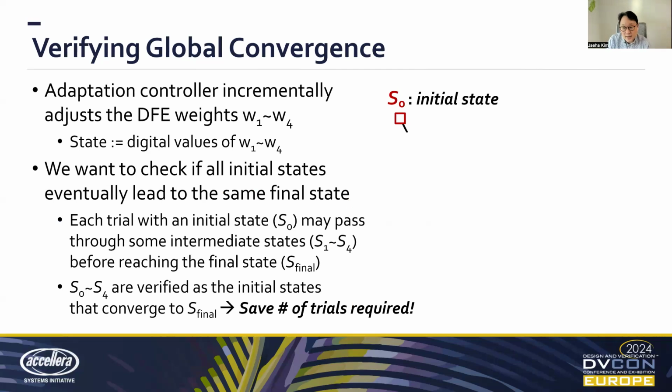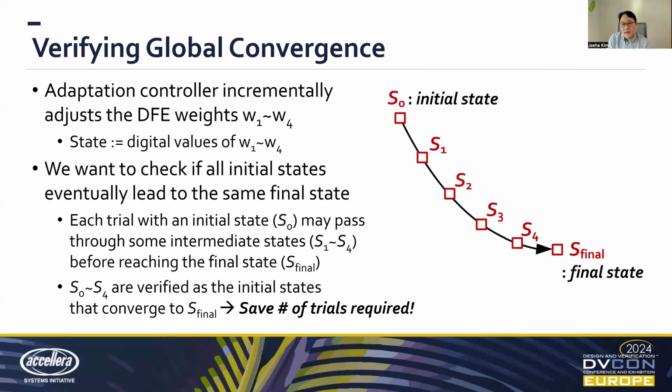Now, having addressed the first problem, let's take a look at how we can build a UVM test bench that verifies the global convergence of this DFE adaptation controller. The adaptation controller will start from a certain initial state. When I say state, it's basically a collection of digital values representing the filter coefficients, W1 through W4. Over time, the adaptation controller will try to adjust them so that the reconstructed post-cursor ISI is close to optimal.